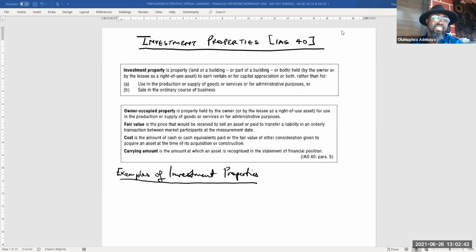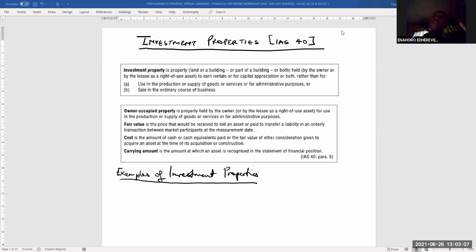I said you're giving more than a practical example. Okay. So in addition to that, we also have some properties. We have branches, and those properties, we actually use them in the course of business. Our branches are in other states, but there are some parts of those properties that are actually let out.